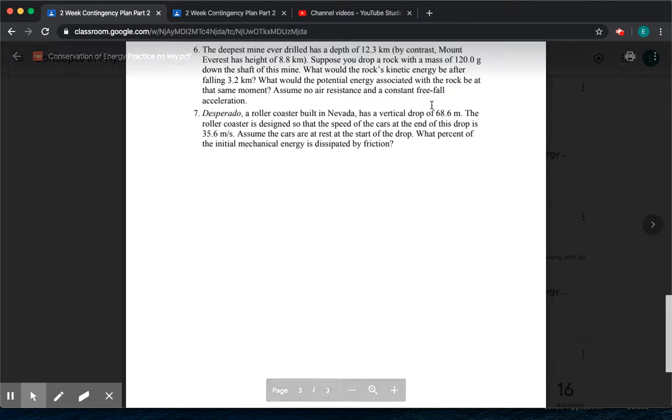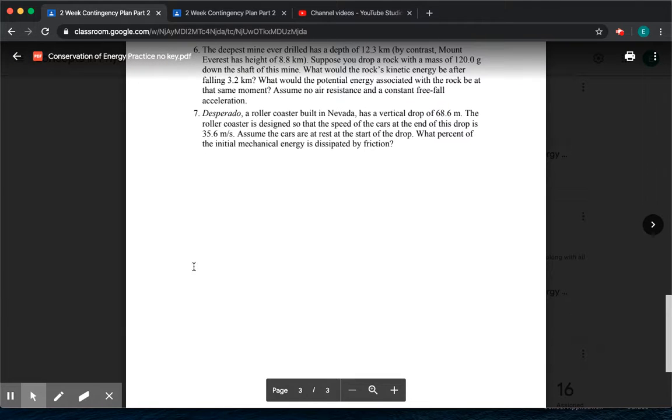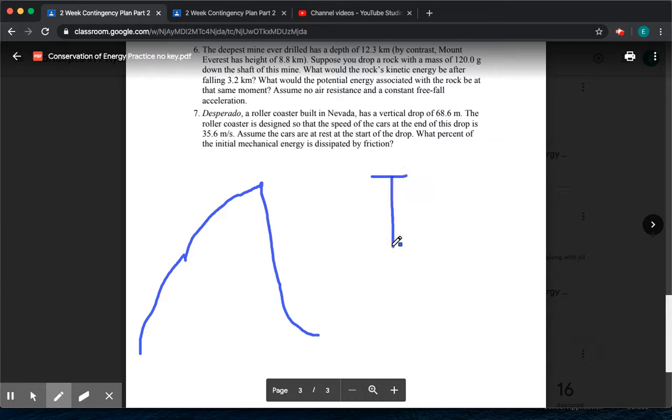Roller coaster, vertical drop of 68.6. So here's what we have. Roller coaster, you coast up the top, and then you have a vertical drop. Usually it's not straight vertical. Usually there's a slight forward piece just so you don't die. But we know that the vertical drop is 68.6.